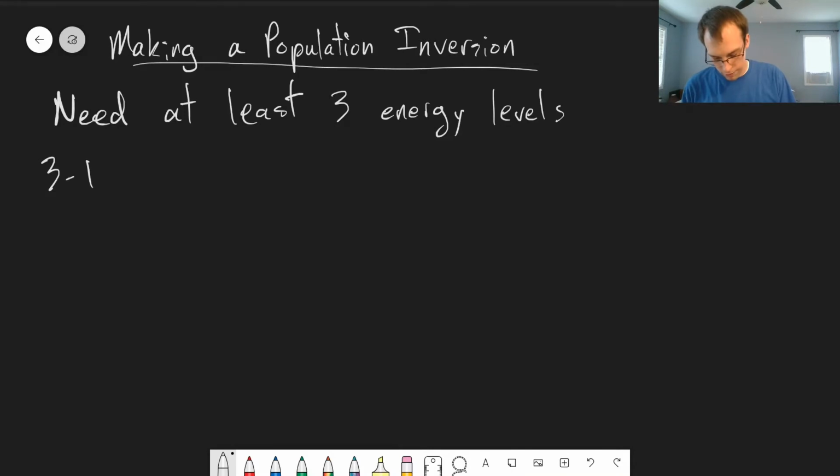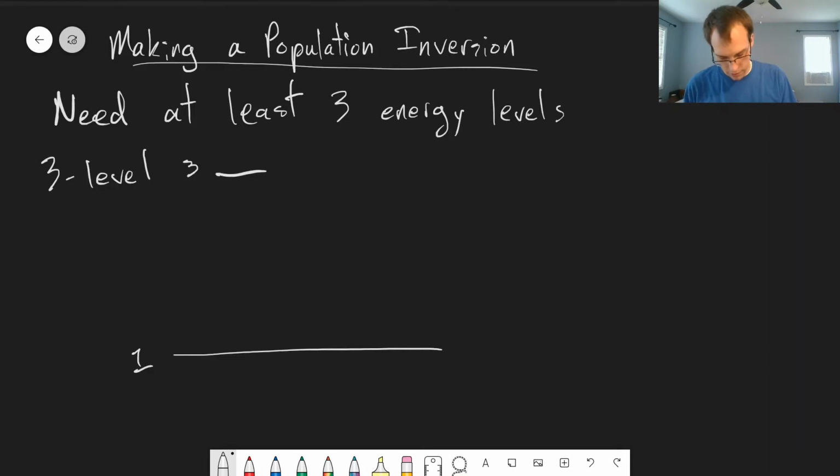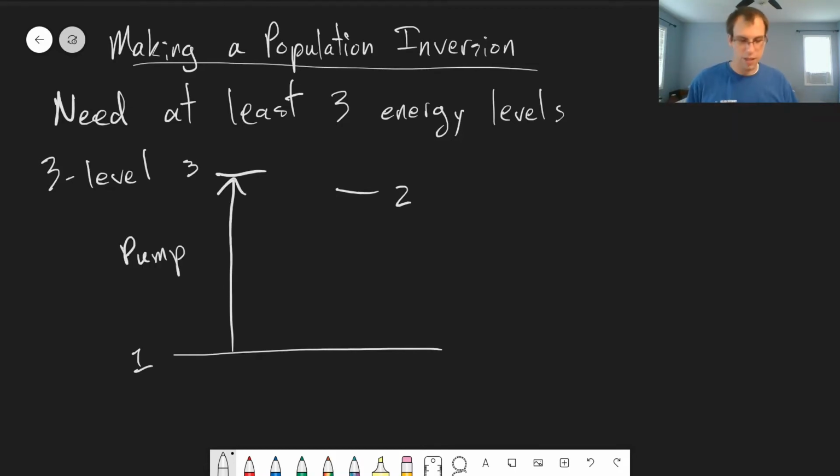So the 3-level system, the idea here is we have our ground state, what we call state 1, and we have an excited state. We have 2 different excited states, state 2 and state 3. So the first thing we do is we pump molecules from state 1 to state 3.